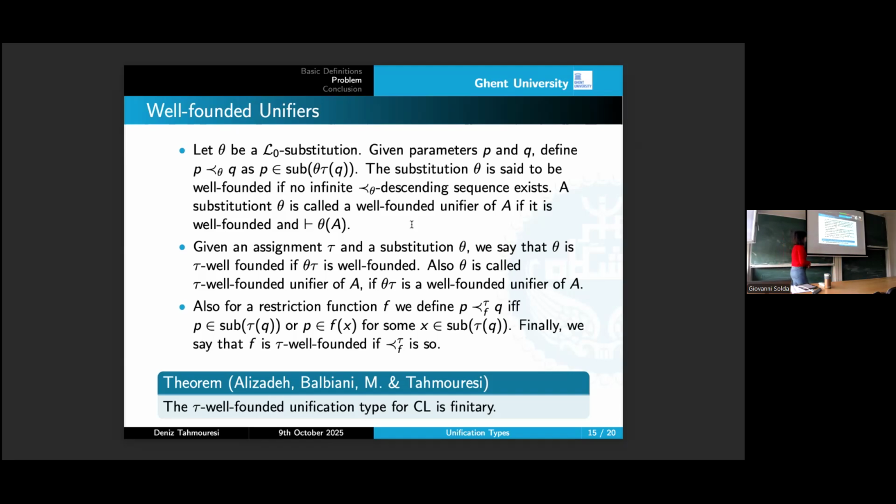And also for a restriction function that we saw before, we can say that P is less than Q, depending on tau and F as well, if and only if it is appearing in the subformulas of tau Q, or for some x, P belongs to Fx. And finally, we say that F is also tau well-founded if this relation is well-founded.